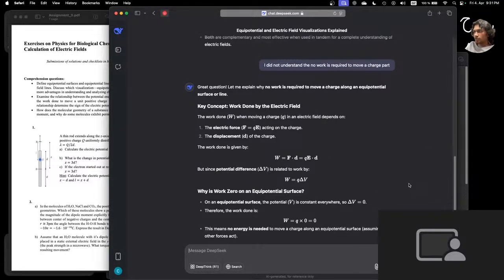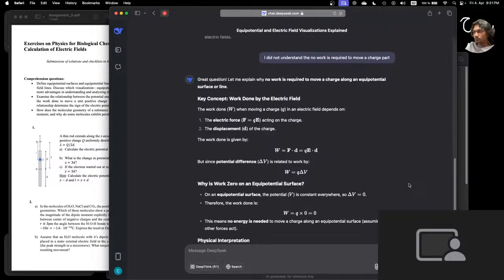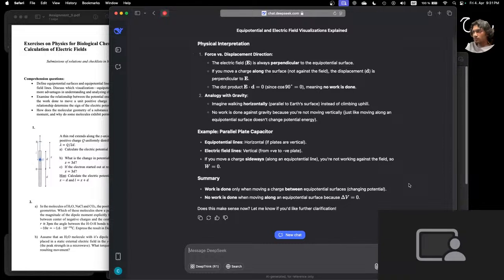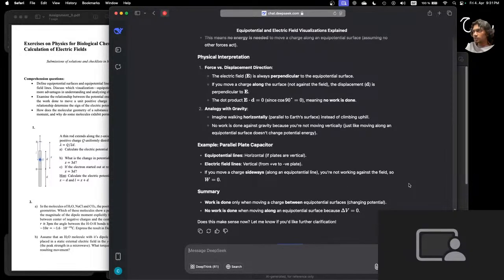Why is work zero on an equipotential surface? The physical interpretation: the electric field is always perpendicular to the equipotential surface.